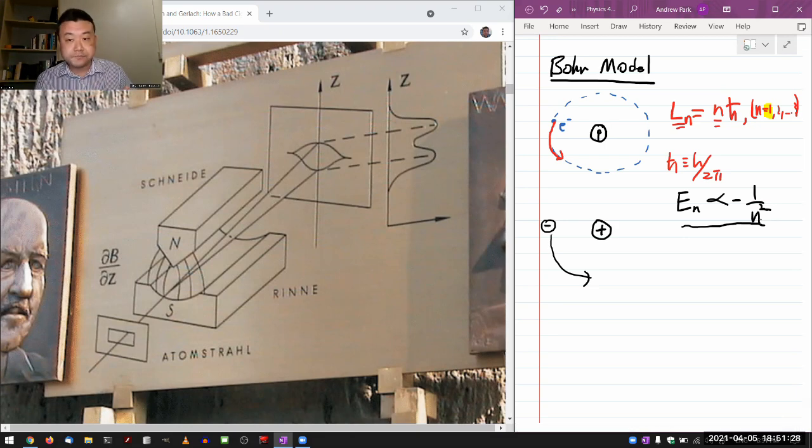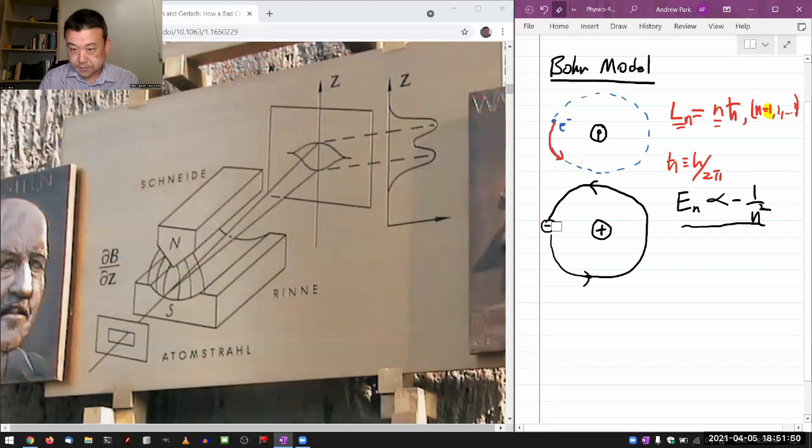But there are other consequences that you can deduce from taking this model seriously and looking at this as, okay, I have a charged particle that's going in circles. Then what this begins to look like is a current loop. So what this becomes is something that is, in some fashion, a loop of current.